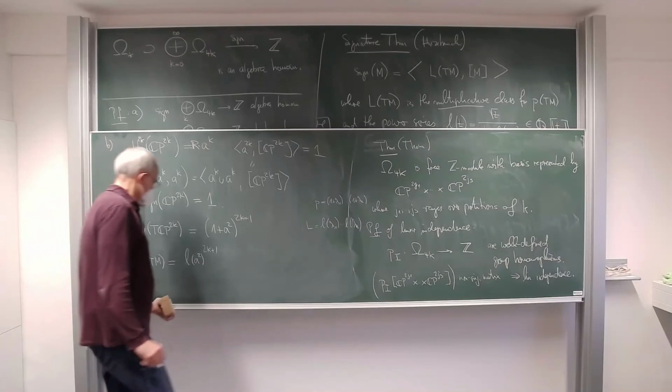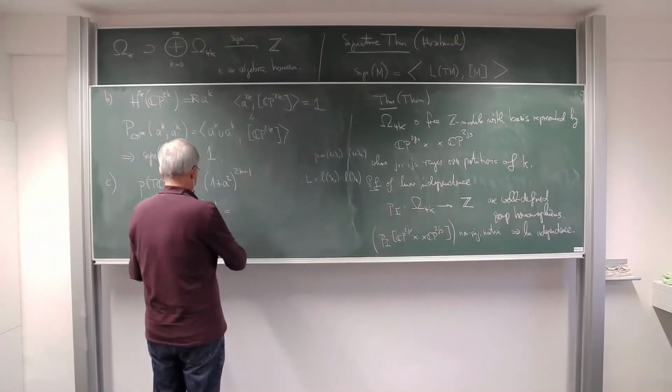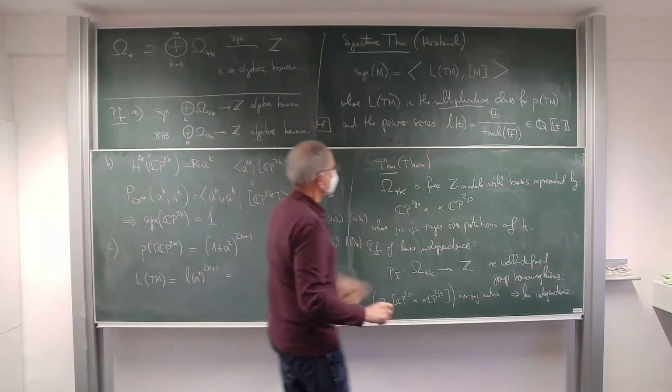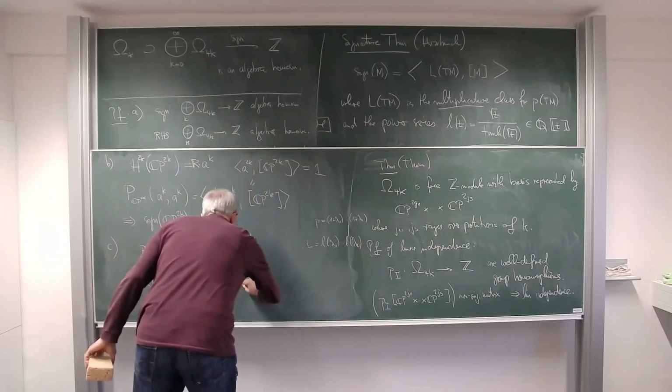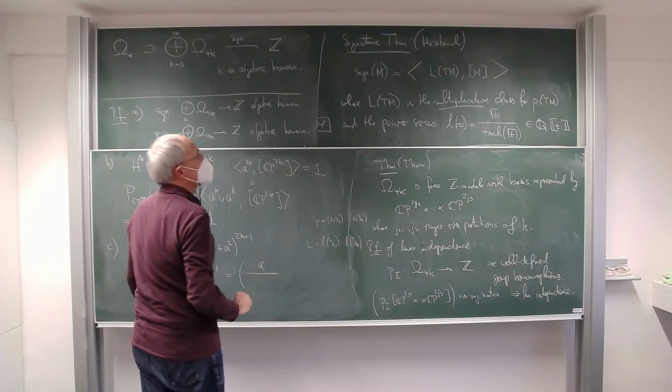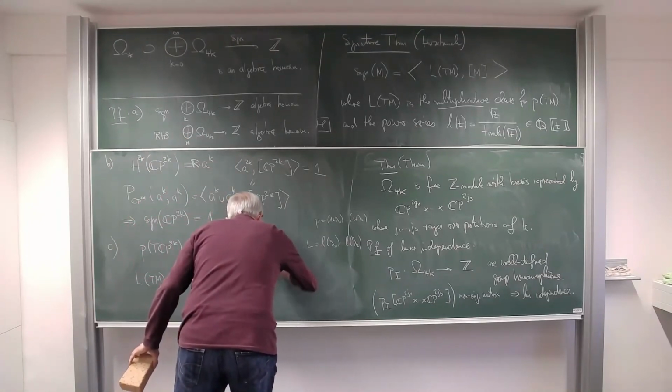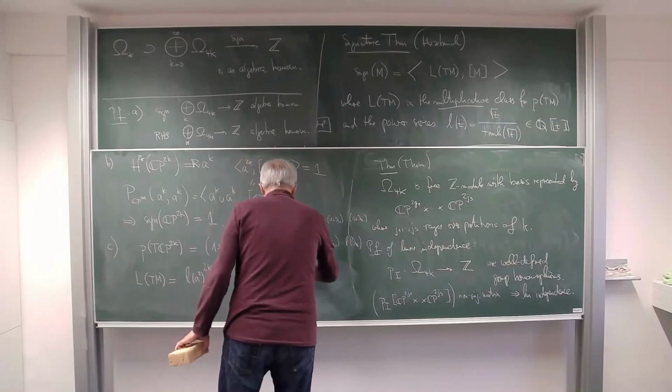Okay, so you see already this a squared will simply cancel the square root. So what we have is a over hyperbolic tangent of a, and the whole thing to the 2k plus first power.